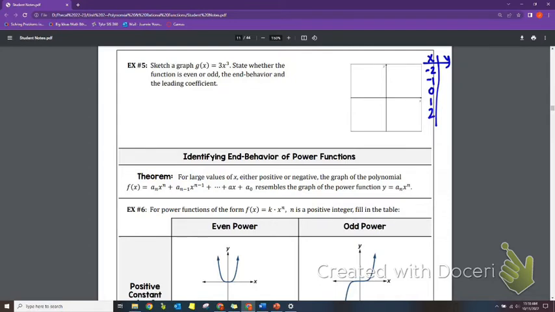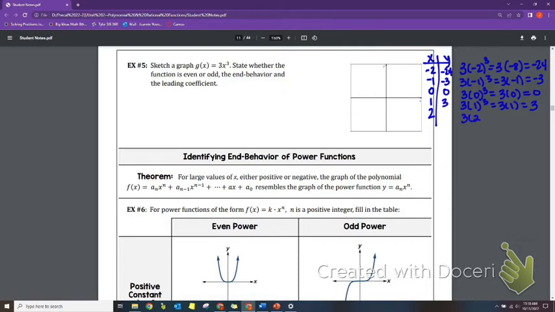All right, so we have 3x cubed, so 3 times negative 2 cubed. It's 3 times negative 8, so negative 24. 3 times negative 1 cubed is 3 times negative 1, which is negative 3. 3 times 0 cubed is 3 times 0, which is 0. 3 times 1 cubed, 3 times 1, which is 3.